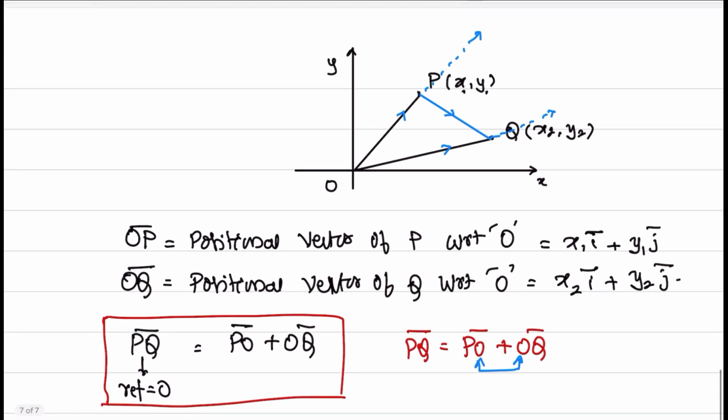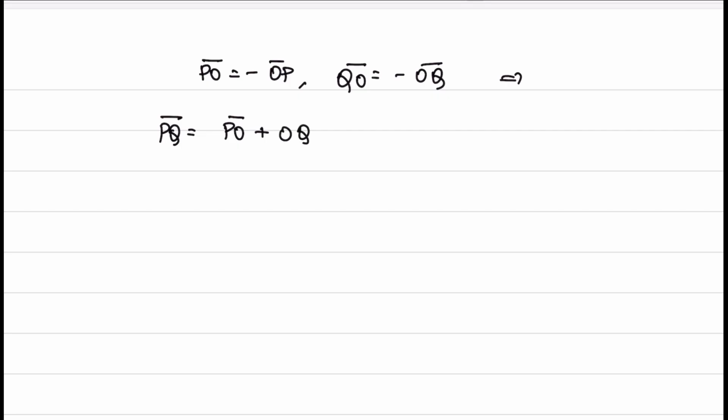Now what is PO? I have already told you in the first class, please refer to my lecture. PO is equal to minus OP, reverse direction. QO is equal to minus OQ. That implies PQ is equal to PO plus OQ. With a common point as origin, that is equal to minus OP plus OQ.